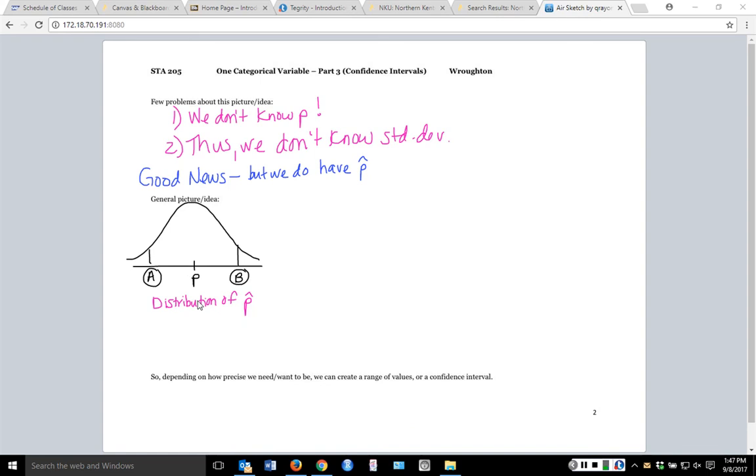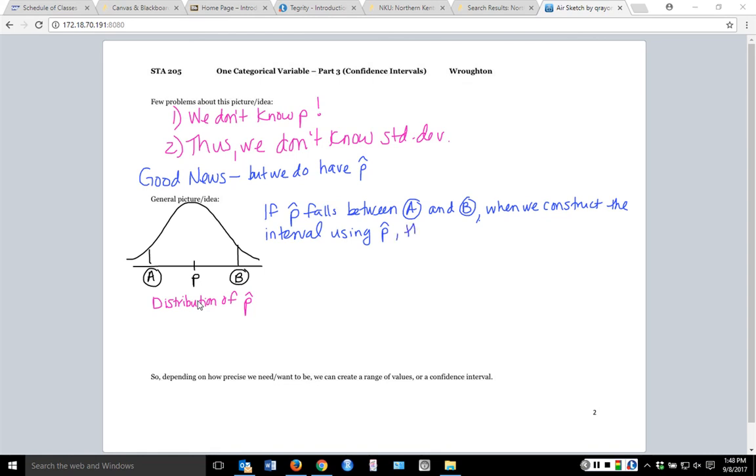Now, if P hat falls between A and B, when we construct our interval using P hat, this interval will contain P in it.